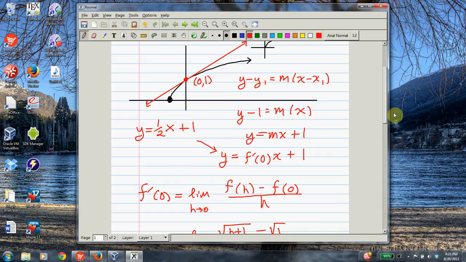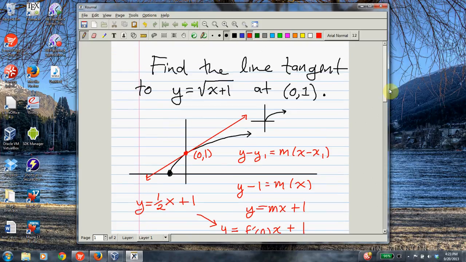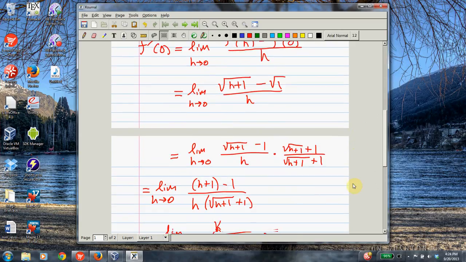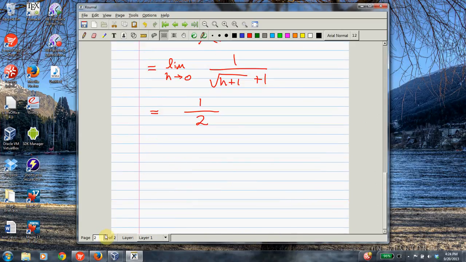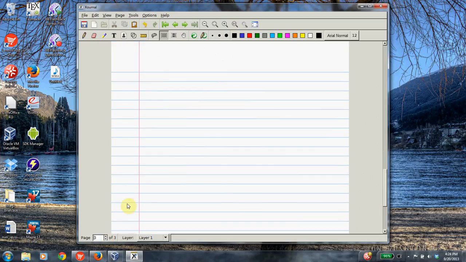Alright, so now let's try to do it using the secret formula. Even if you are on a test question forbidden from using the fast way to do these things, you can still use it to check your answer.